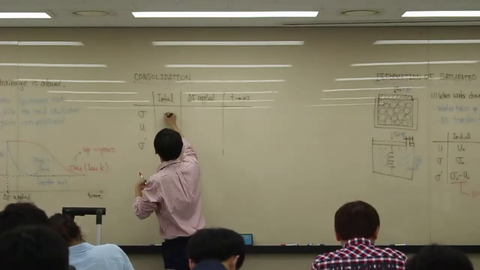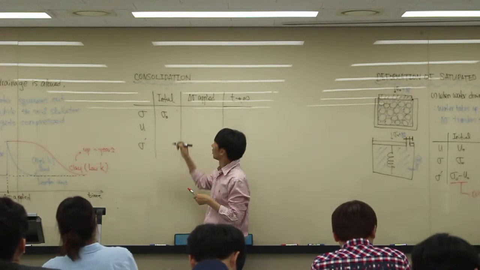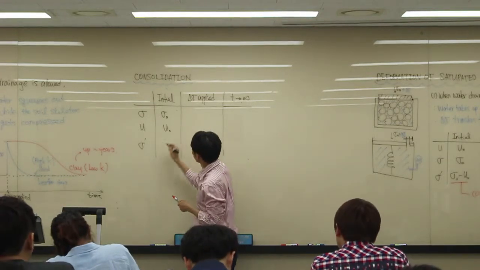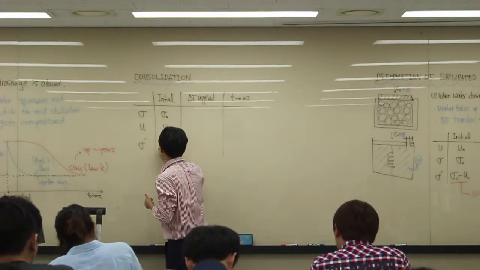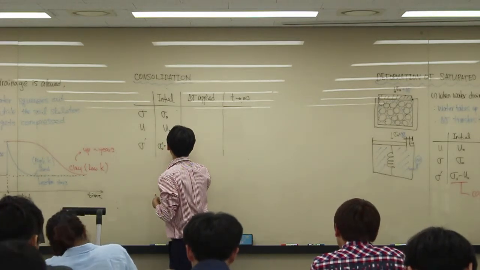Initially, the total stress was sigma naught, and the pore pressure was also the initial value u naught. So the effective stress, sigma prime naught, was sigma naught minus u naught.